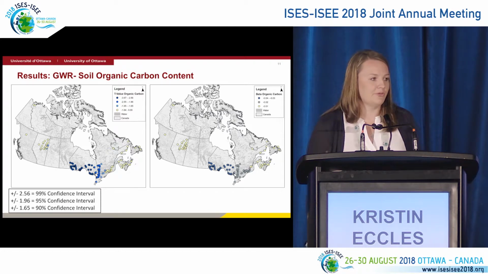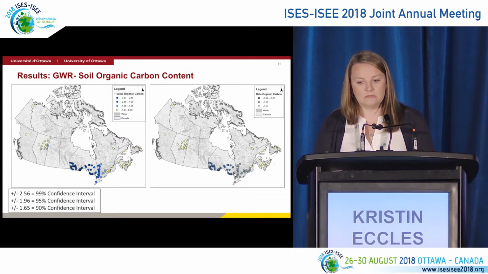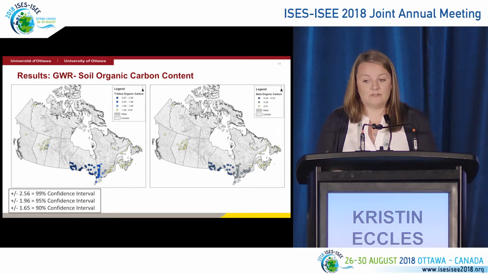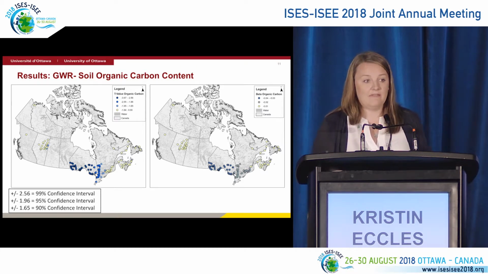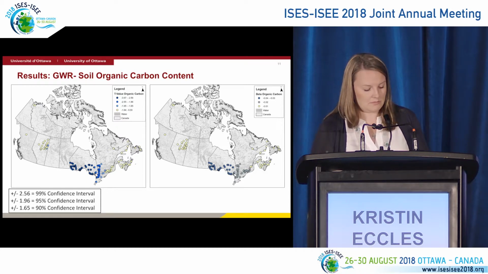The darker the color, the more statistically significant. So we can see that soil organic carbon content is a pretty important predictor, especially in Western Ontario and moving east in Ontario, but not really a significant predictor elsewhere. This is also reflected in the map on the right-hand side, which is our beta values. Where it's most significant, we have the highest level of influence, as indicated by higher beta values.